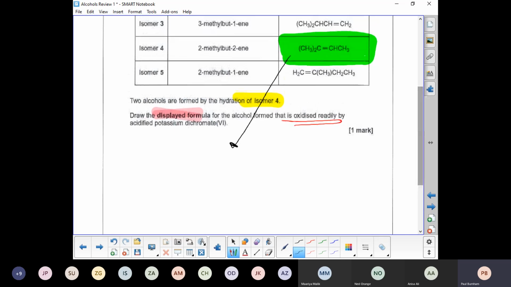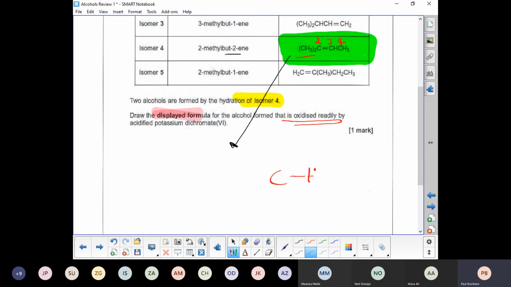Now, of course, with isomer 4, I can see the name. I've got butene as my structure. That tells me that the carbons in the double bond are carbons 2 and 3. And when I look at that structural formula, the beginning, where I've got this CH3 twice, is sometimes awkward to draw. So in this case, I'm going to start from the other end, carbon number 4, and work backwards.